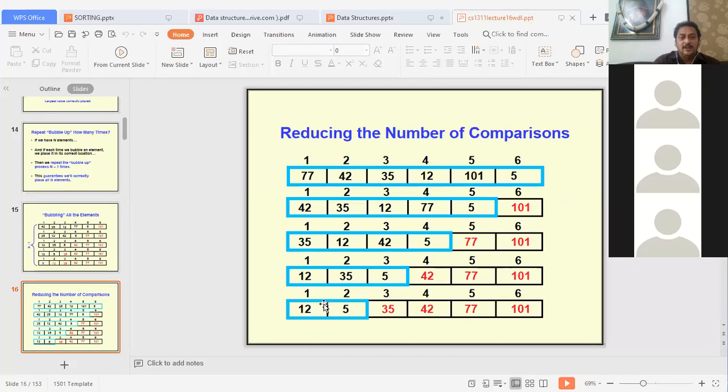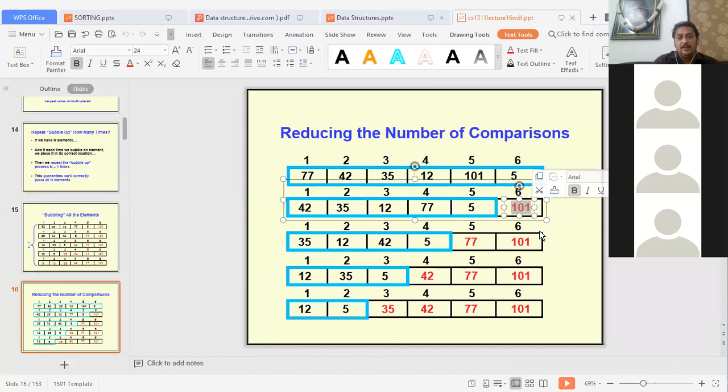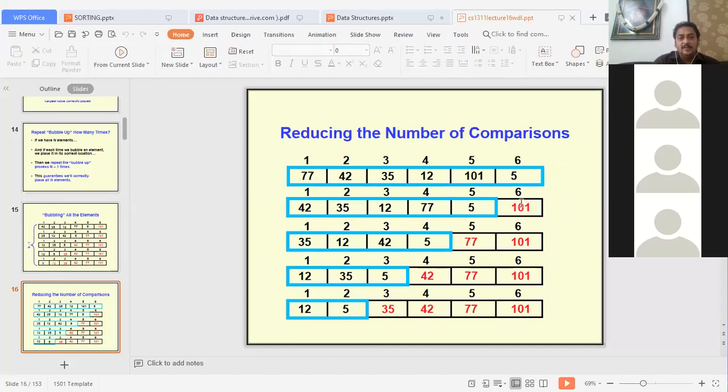So we keep reducing the number of comparisons. Initially 6 elements, and with 5 comparisons the biggest element, 101, is placed in its right position. Then 4, then 3, then 2 comparisons.